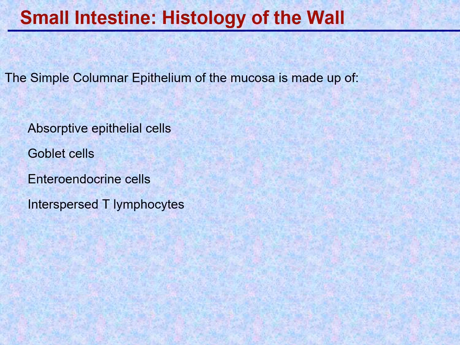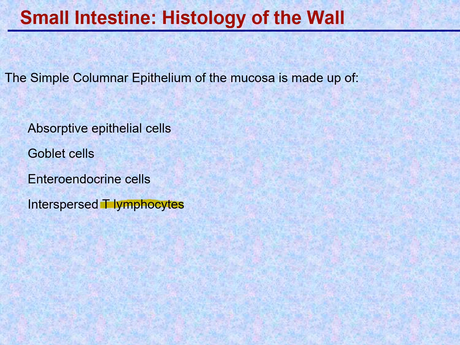The simple columnar epithelium of the mucosa is made up of the absorptive epithelial cells. These are columnar epithelial cells. There are goblet cells producing mucin, which will become mucus. There are some enteroendocrine cells, cells that produce hormones, and there's a sprinkling of immune cells called T lymphocytes.